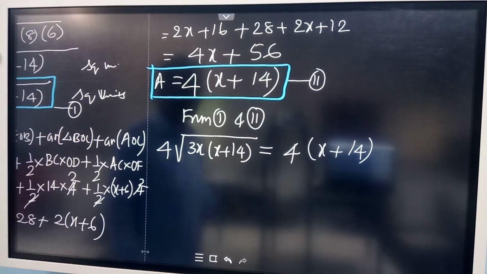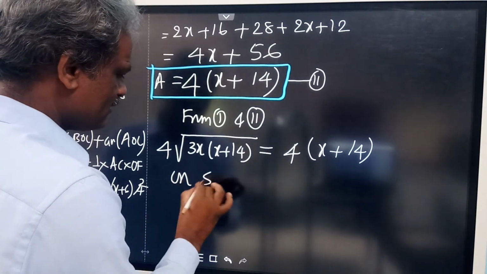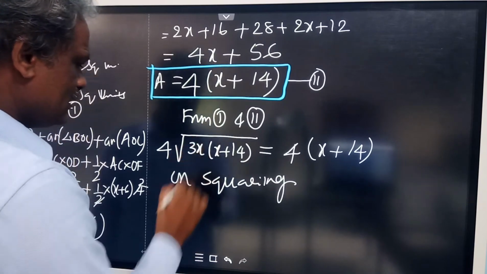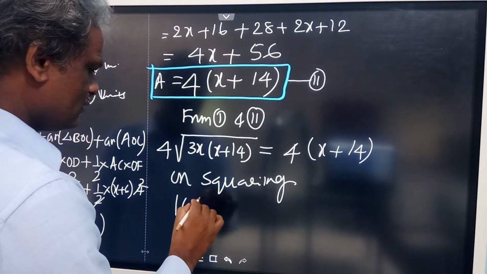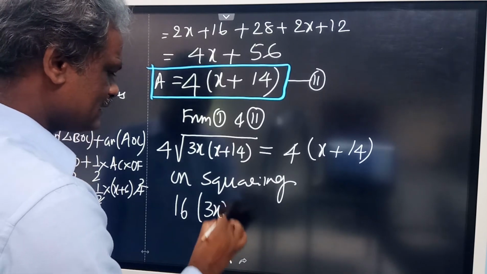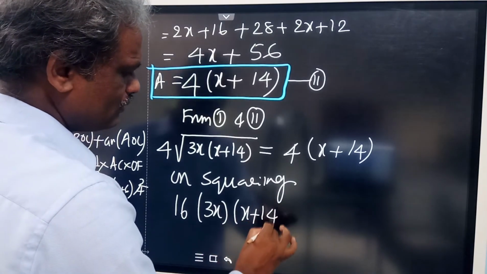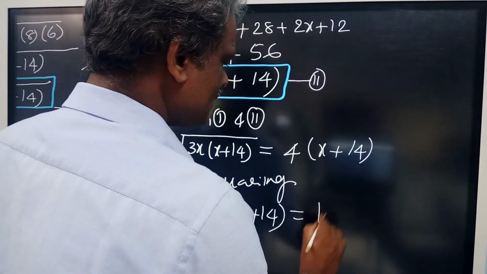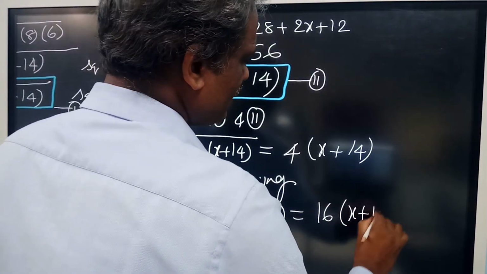Okay. Now square it both sides. On squaring both sides, this becomes 16 into, the square root cancels, 3x into x plus 14 is equal to 4 into 4 means 16 into x plus 14 whole square.